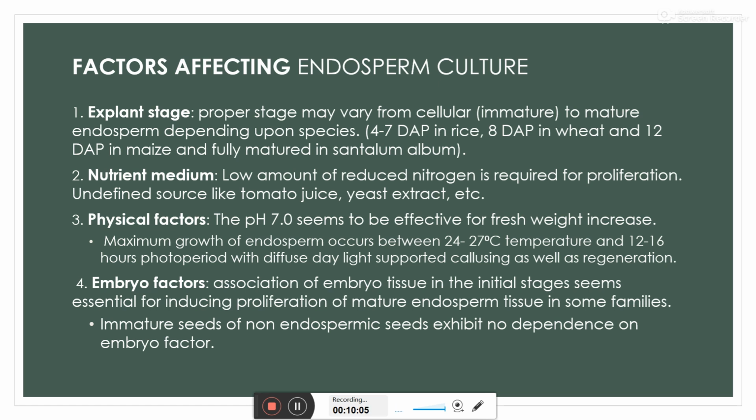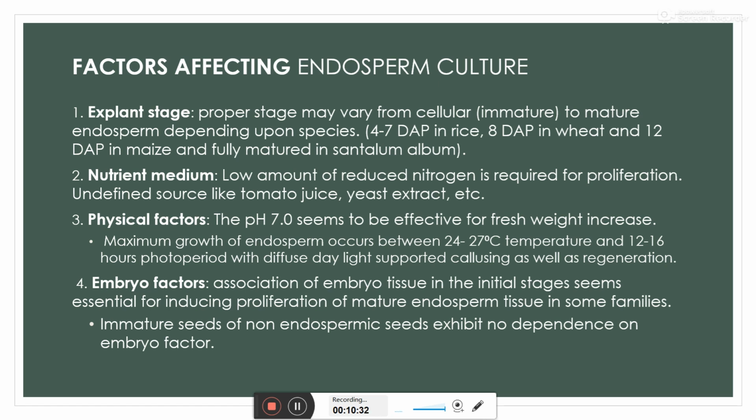That is what we already discussed earlier. The stage or age of the explant is very important in endosperm culture. For example, 4-7 DAP in rice, 8 DAP in wheat, 12 DAP in maize, and fully matured in sandalwood. These are some examples.